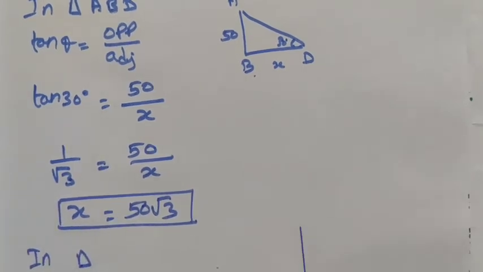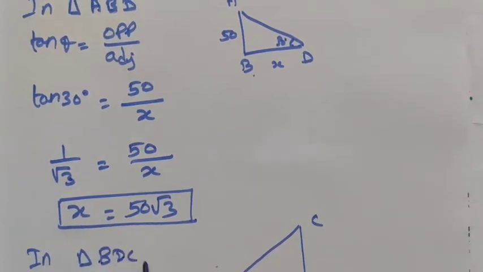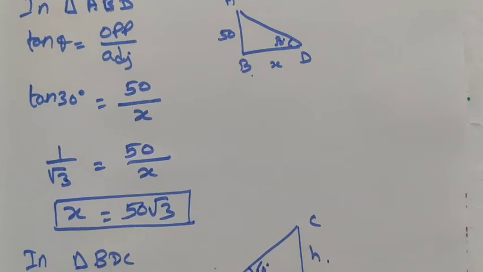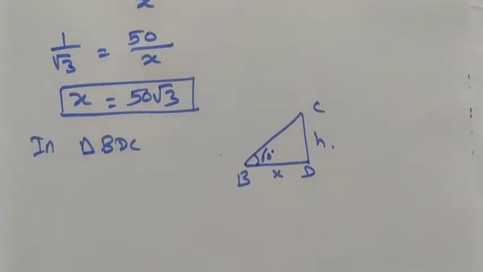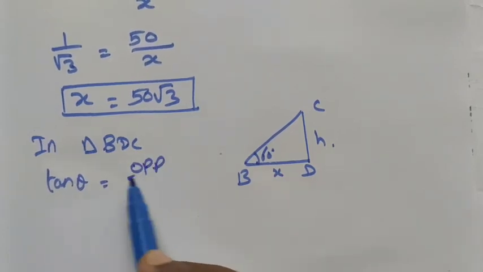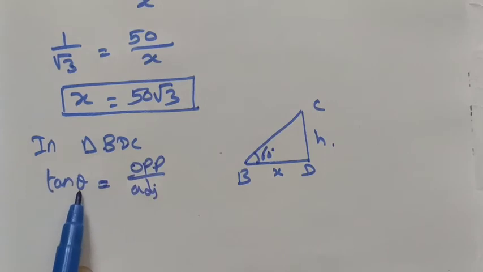And then another right angle triangle is the triangle BDC. This angle is 60 degree, this is X, this is H. Now we want to find the height of the tower only, right? So tan theta is equal to the opposite side divided by adjacent side, the ratio H by X. So theta is given as 60 degree.